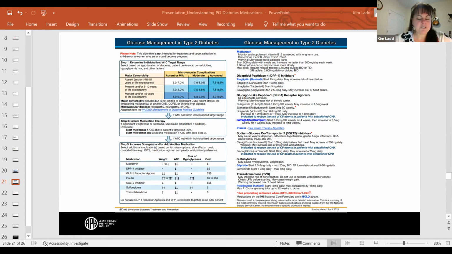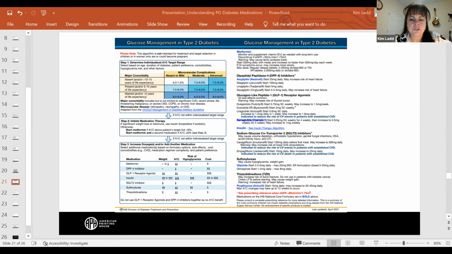So if you find out that that one's too expensive, you could go to the sulfonylureas, which unfortunately has a side effect of gaining weight, but it does significantly lower your A1C and is super cheap. So that's kind of how the doctor makes the decision. They pick one off of the second list. So say they put you on metformin and then they put you on glipizide.